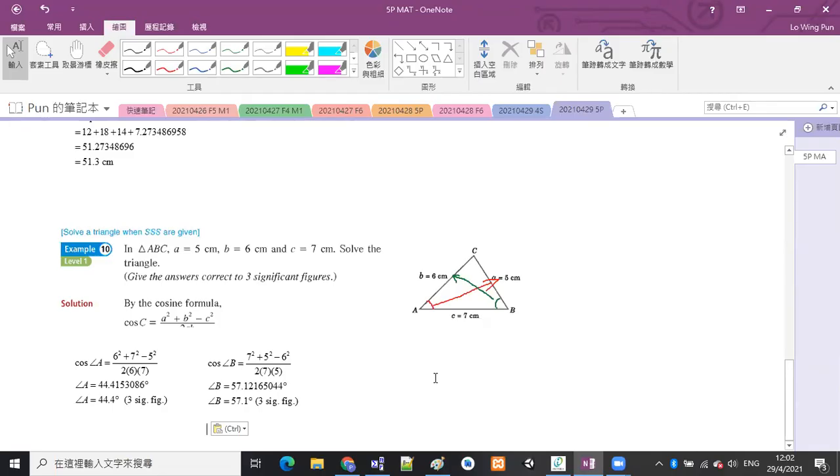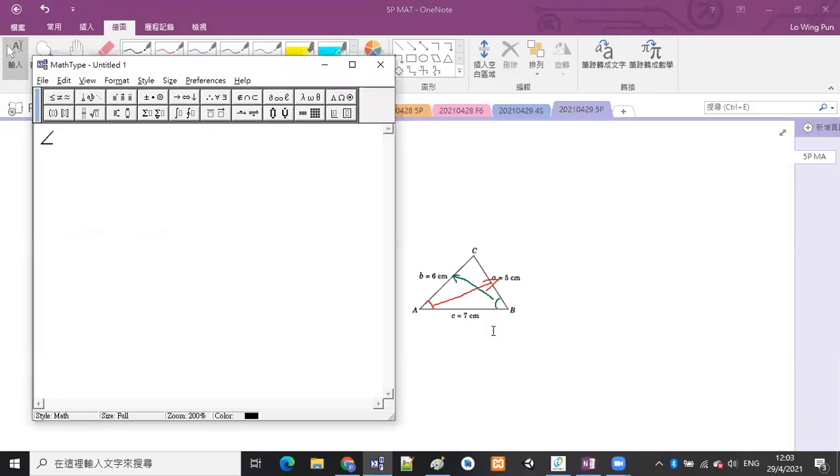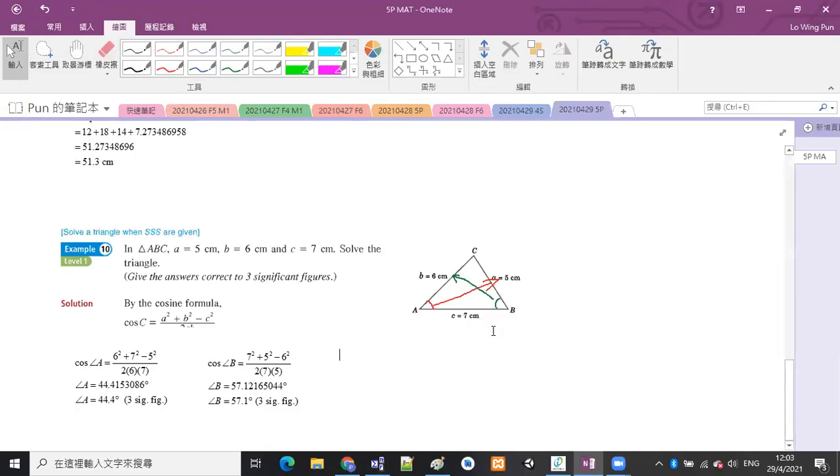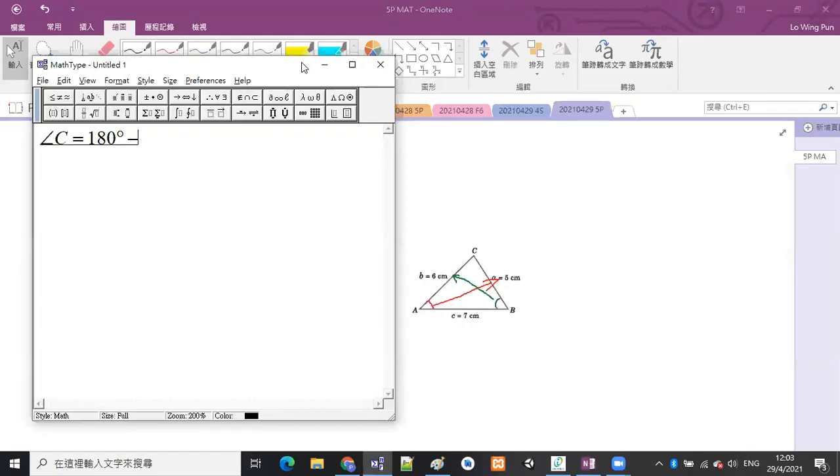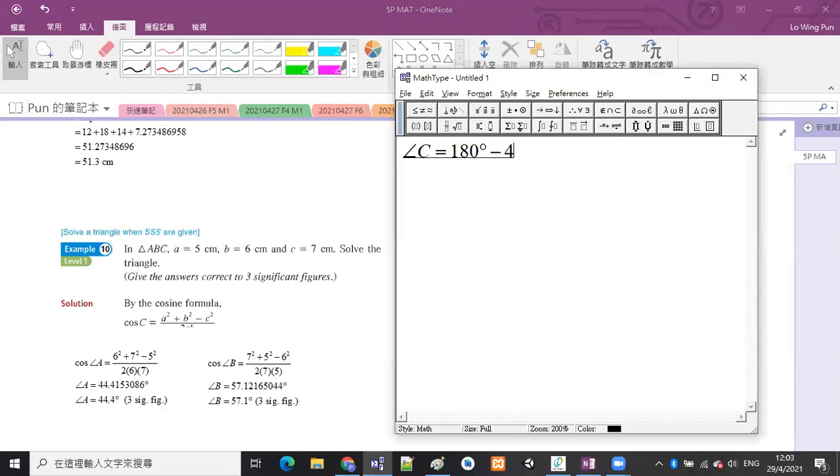But the remaining angle will be easy to find because we have the first angle and we have the second angle, we just use the angle sum of a triangle. So angle C will be 180 degrees minus the first, and we need to use the more accurate number, 44.415388 degrees, and then minus 57.12165044 degrees. Okay. And then calculator. Should be 78.46 something.